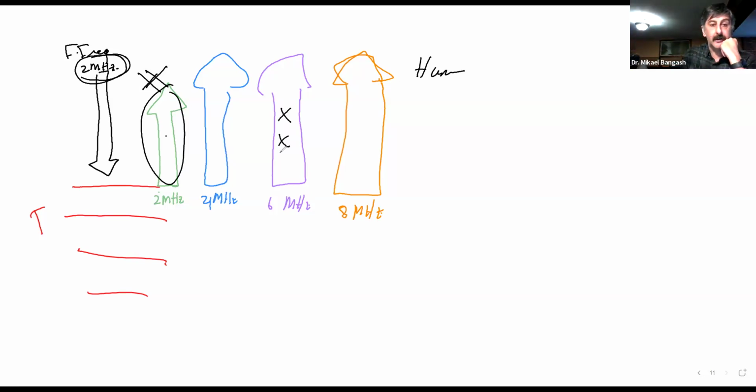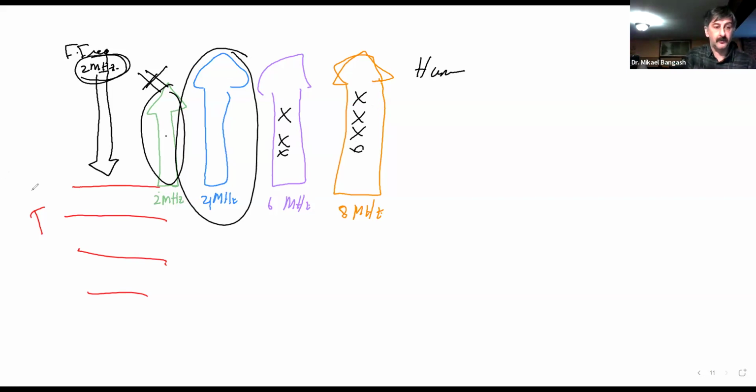It will even discard the recordings produced by this frequency, and this frequency back as reflections, and use this one here, which is our harmonic frequency, to produce the harmonic image.